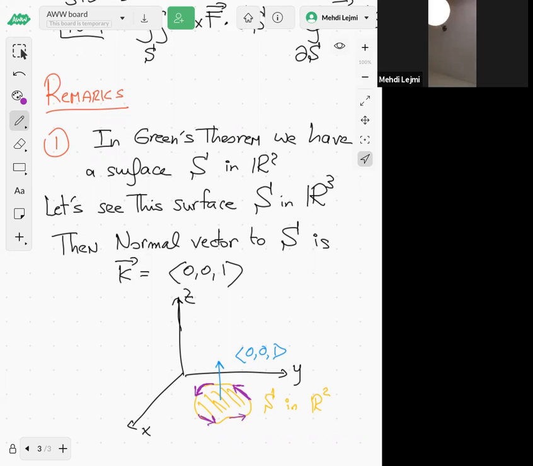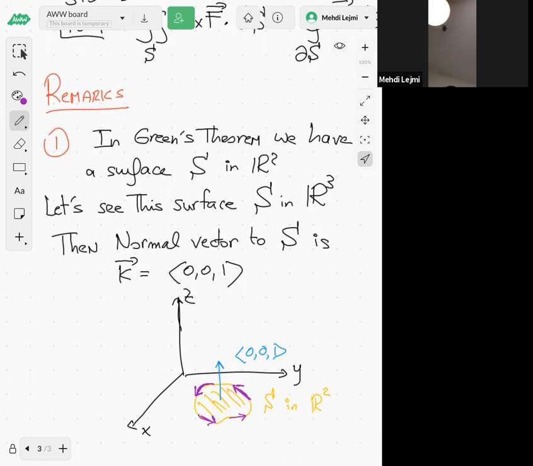The interior of S is on the left of the orientation of the boundary, and this orientation is consistent with the normal vector given by 0, 0, 1.